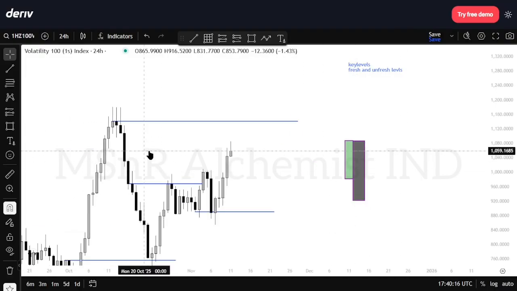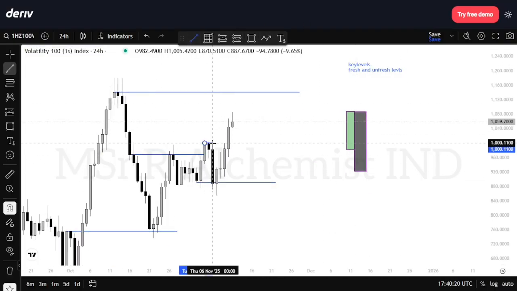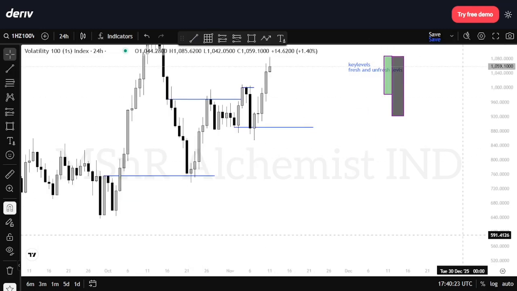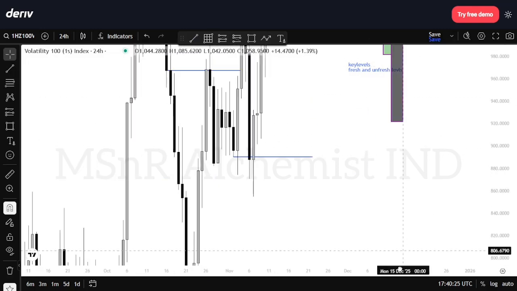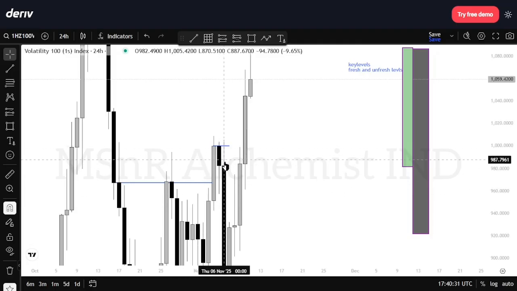Why? See, in here we created a resistance, and the market rejected that. We have a buy and then a sell. No matter how big or small the sell candle or the buy candle is, these two candles form a resistance, and the market touched and rejected.